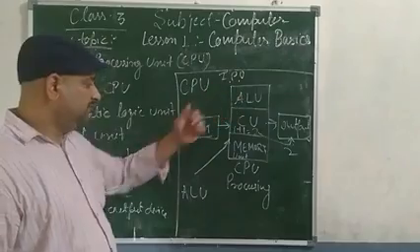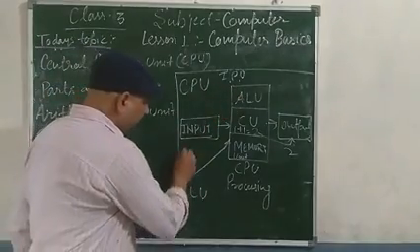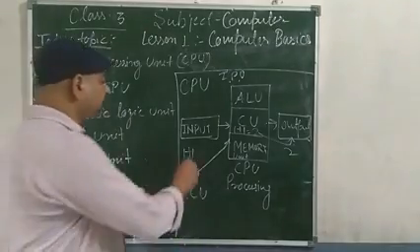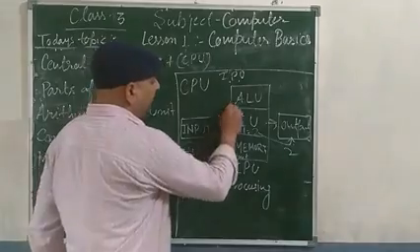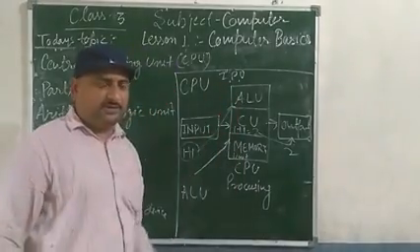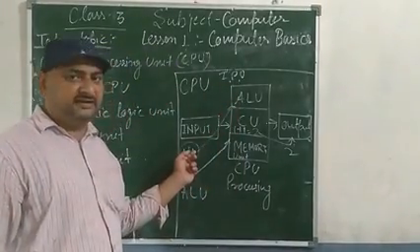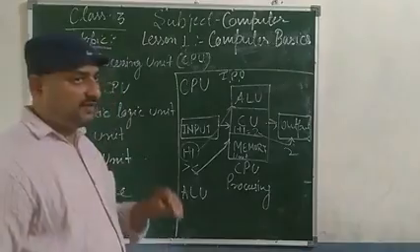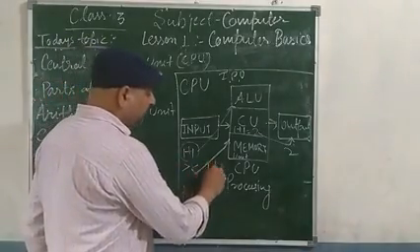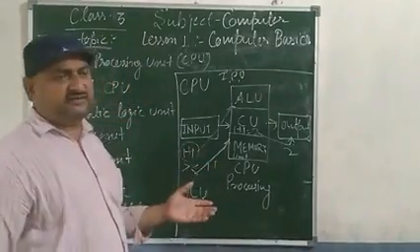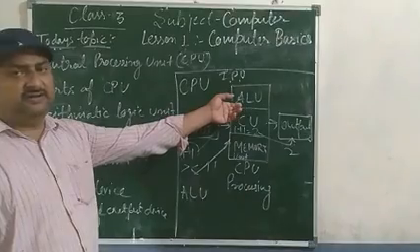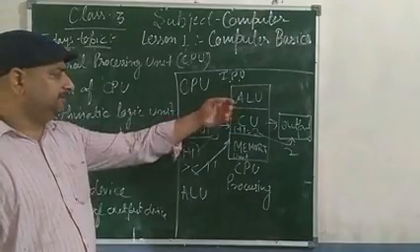Suppose I write 1 plus 1, that is mathematical work, so this work is done by the ALU, because math symbols are there. Or we can put greater than, less than, true, false. All these are decision making logical statements. So this operation is done by the ALU, arithmetic logic unit.